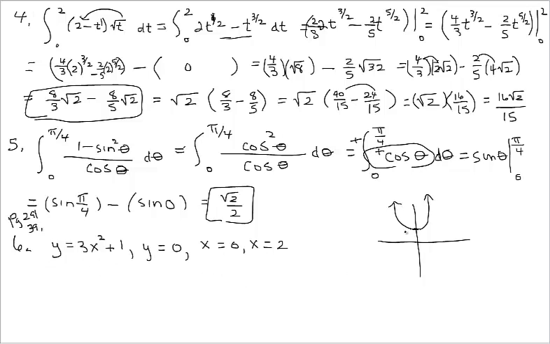I've graphed that. Now y equals 0 is just the x-axis, so I'm highlighting the x-axis here. That's taken care of. x equals 0 is the y-axis, so just highlighting that. And then x equals 2 is the vertical line right here.